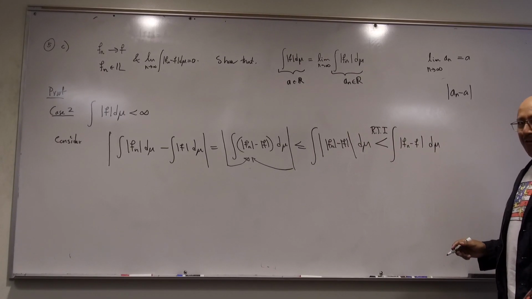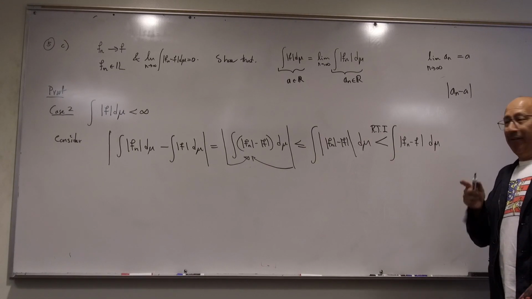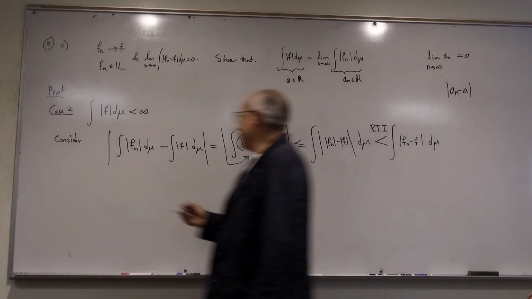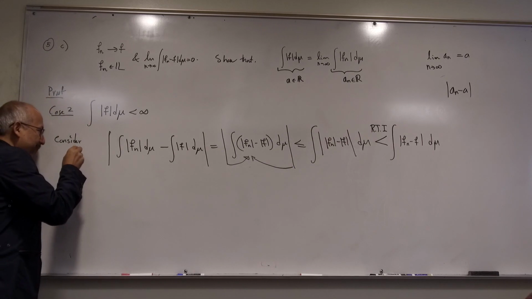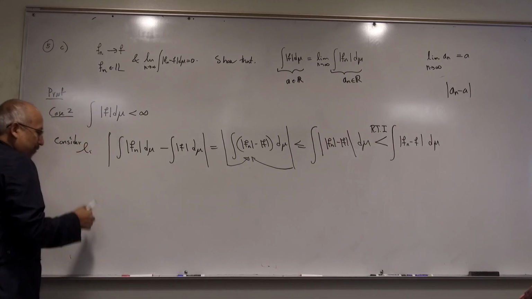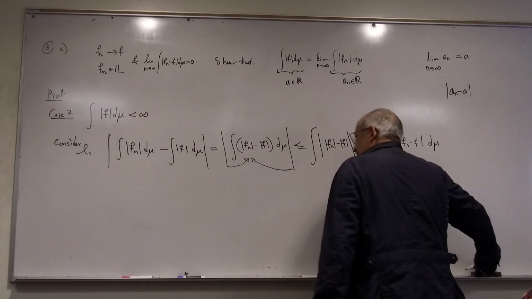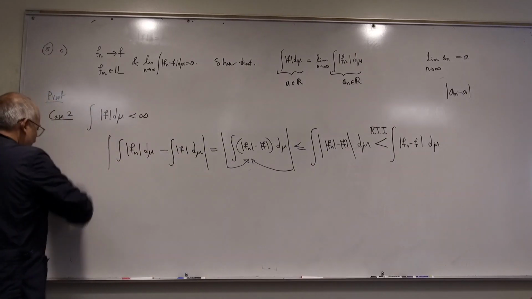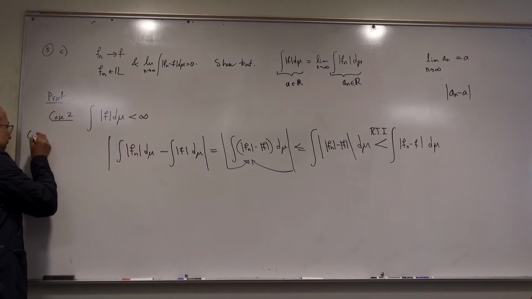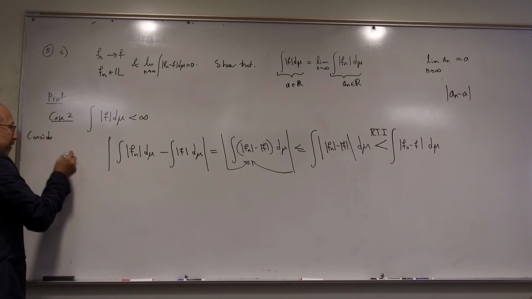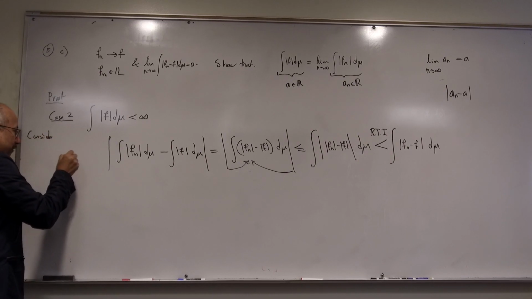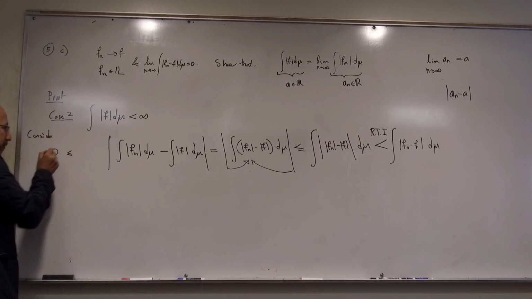Oh, takes the limit. Now say take limits. So take limit here. So let's consider, right? Before taking limits, I want to say this is greater than or equal to 0, right?